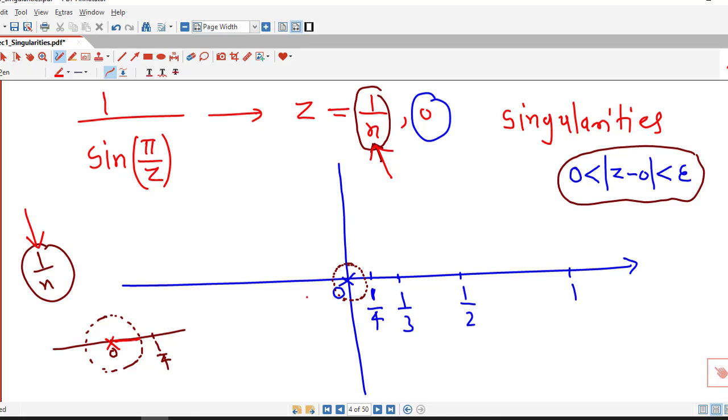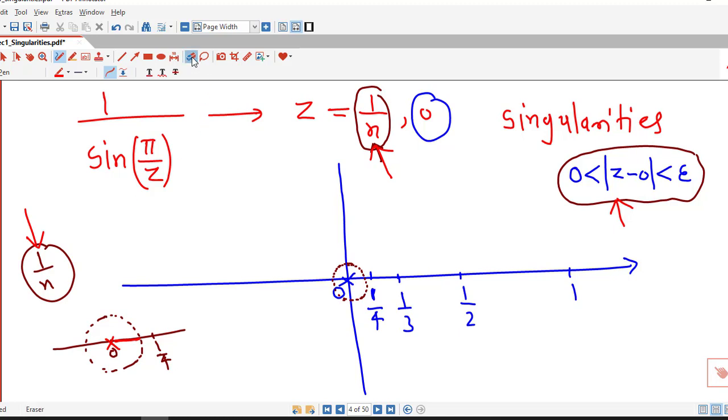So that means z equal to 0 is not an isolated singularity of this function, because there does not exist any deleted neighborhood of z equal to 0 such that the function is analytic throughout that neighborhood.